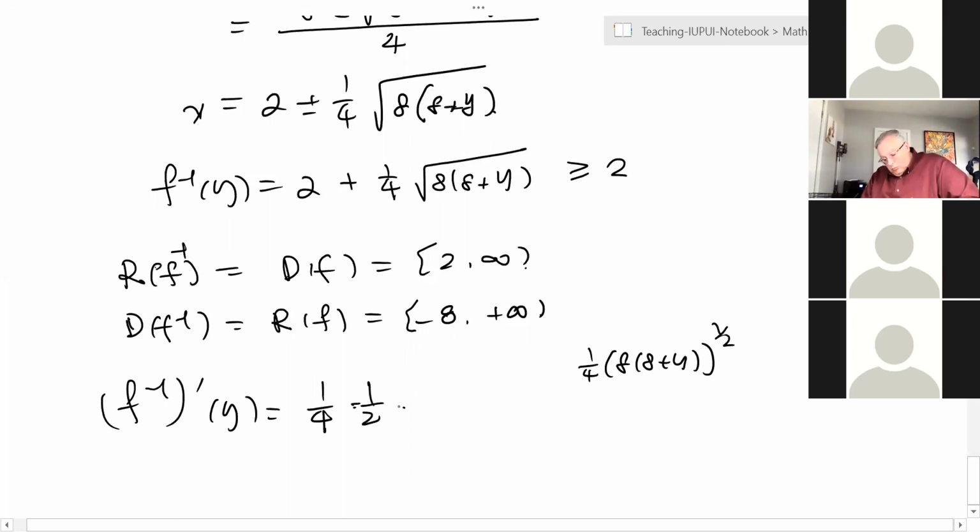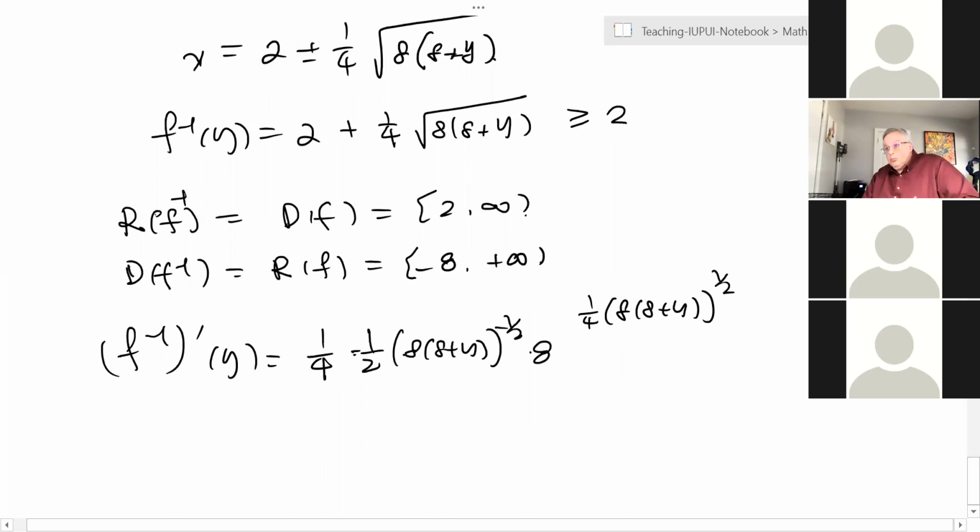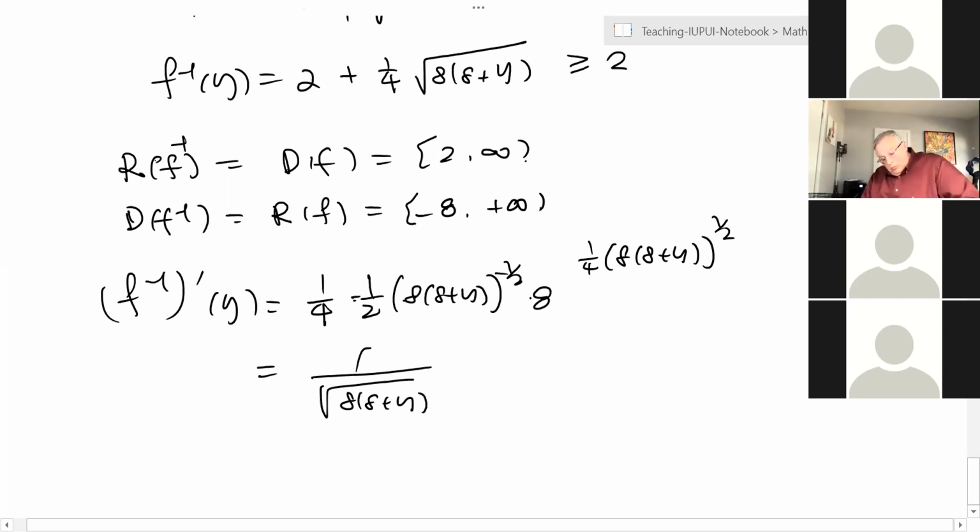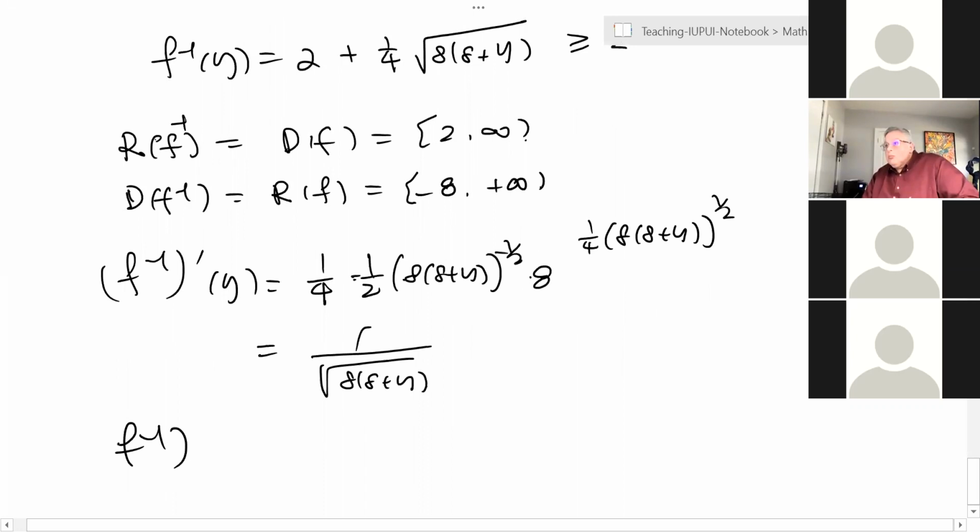So it's 1/2, right? And 8 plus y to the negative 1/2. Then I differentiate inside, which is going to be 8, actually, right? After you simplify it, you get something like that.